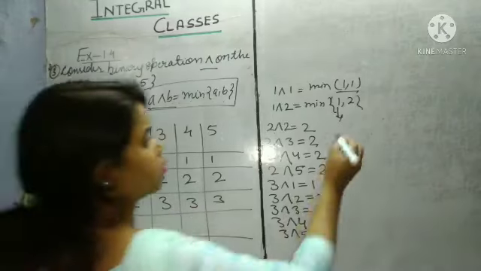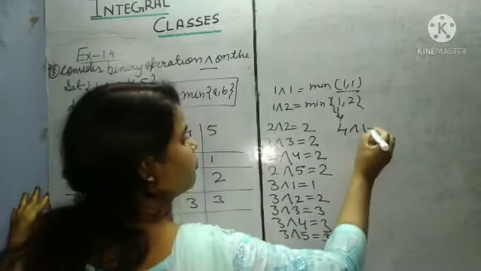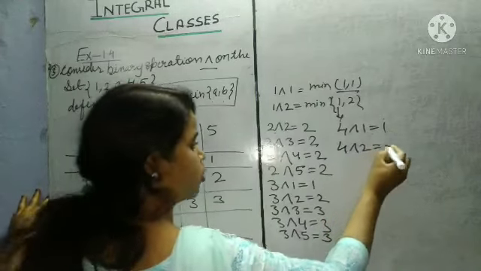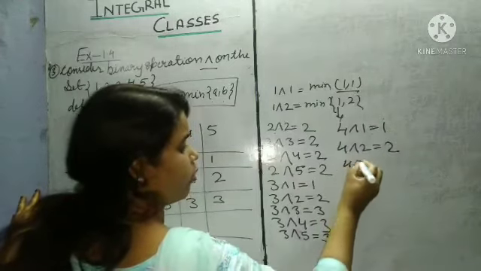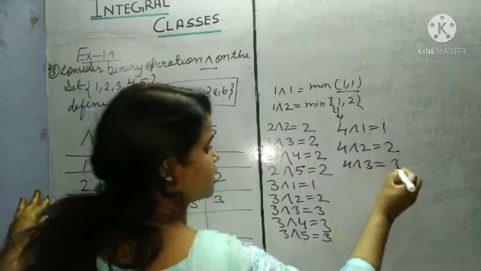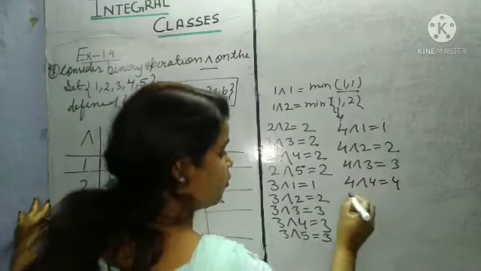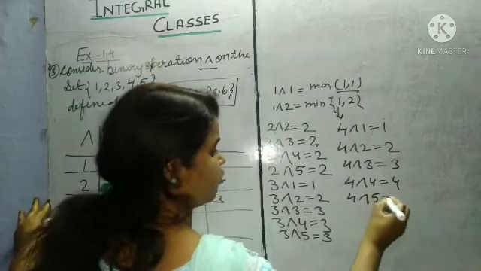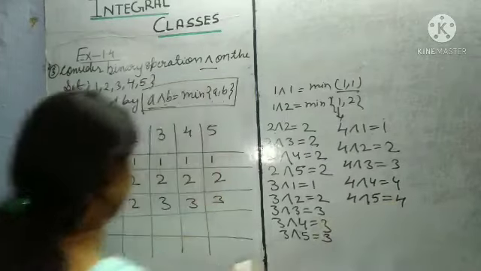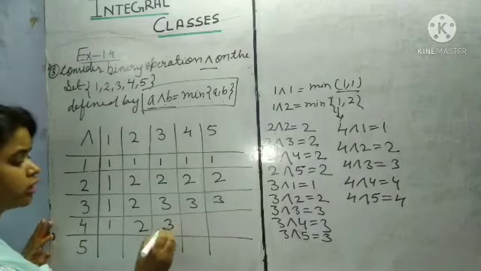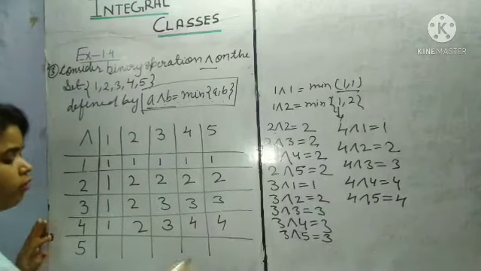Now 4 cap 1, 1 is minimum. 4 cap 2, 2 is minimum. 4 cap 3, 3 is minimum. 4 cap 4, 4 is minimum. 4 cap 5, again 4 is minimum. So we should write here 1 2 3 4 and 4.